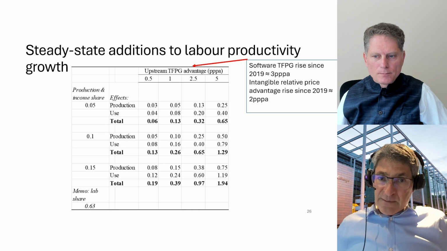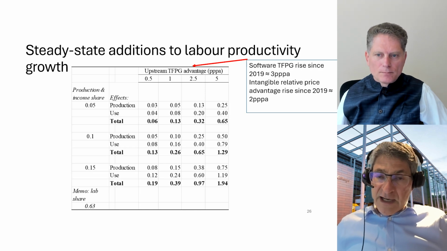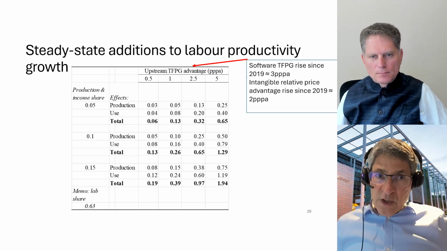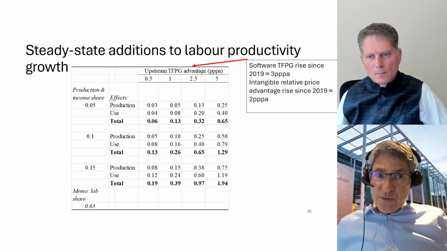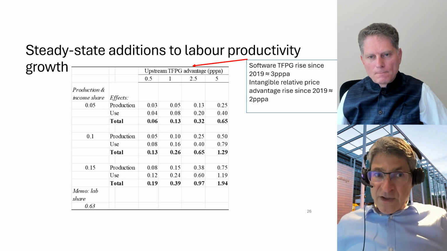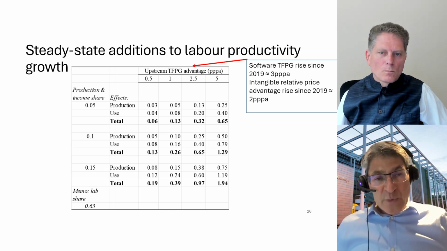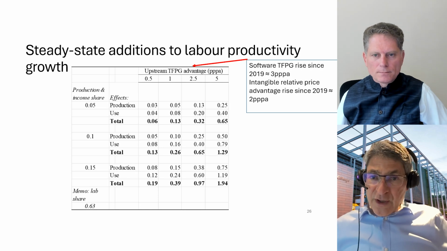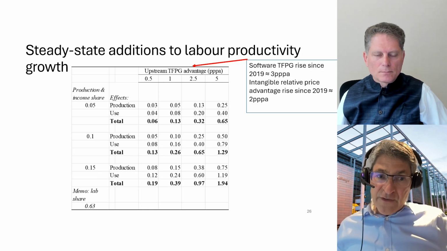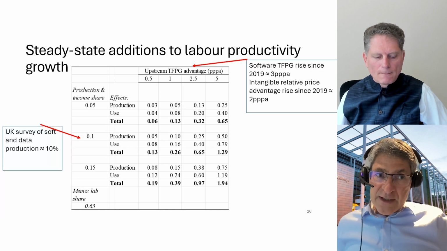They've seen tremendous productivity gains as well relative to the average. So a number like 2, or a number like 2.5, we don't know whether it's going to be maintained or not, would not look like a terrible estimate of the current advantage in the upstream intangible sector.